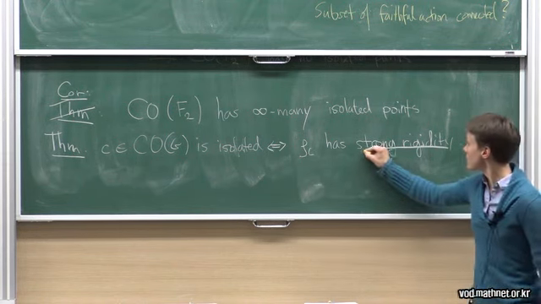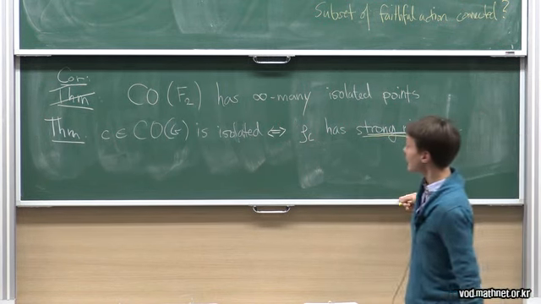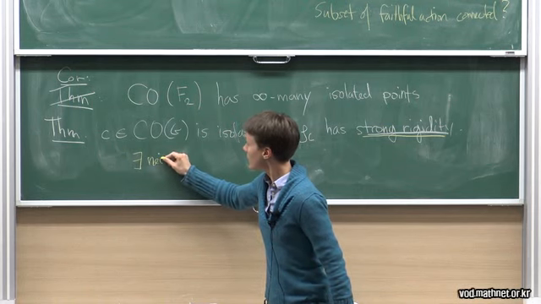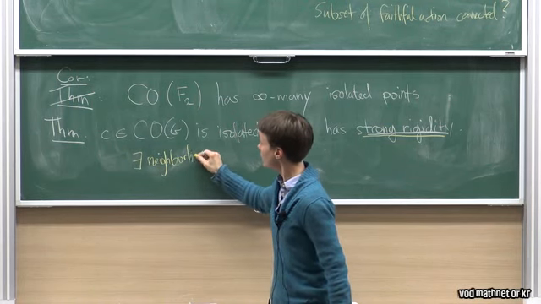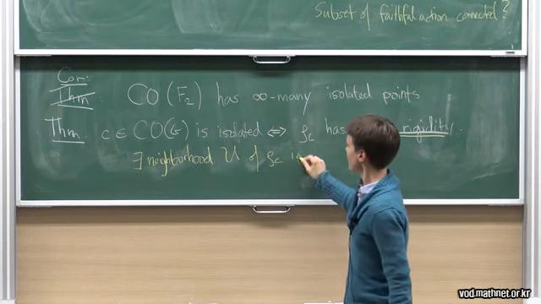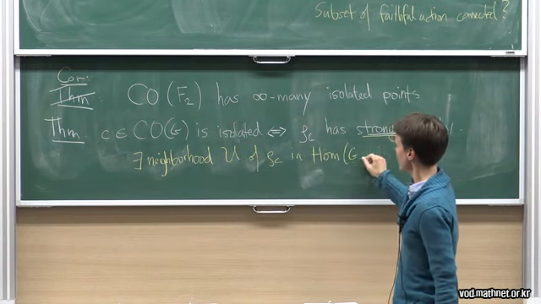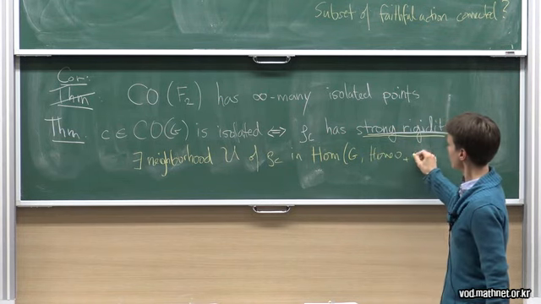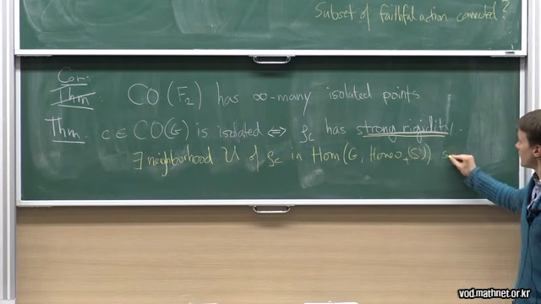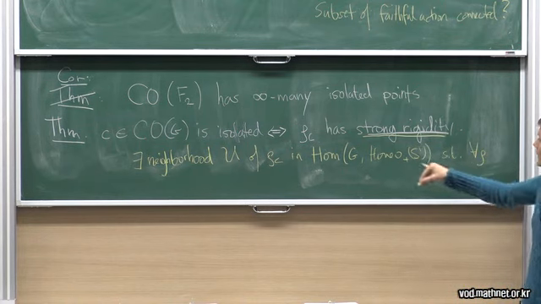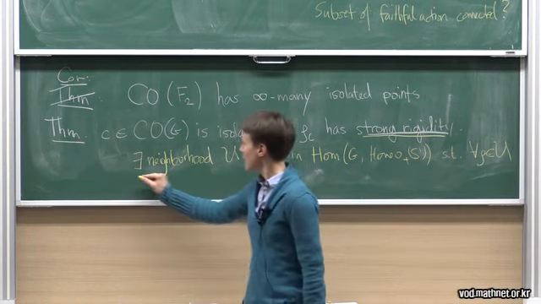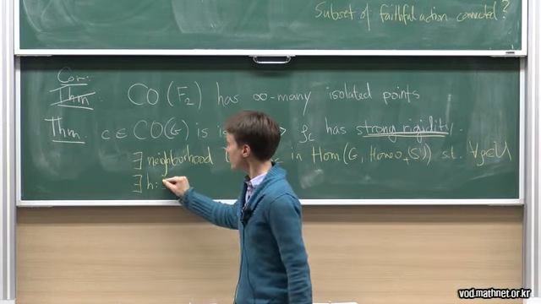So strong rigidity means that there exists a neighborhood U of your action in the space of all such, so that if you take another action ρ_C in this neighborhood, there is some map H of the circle.